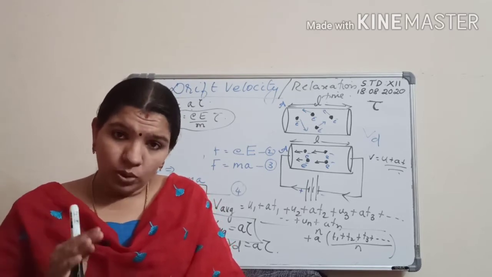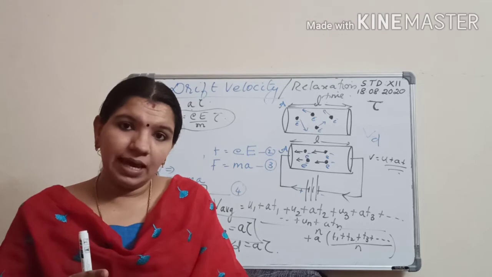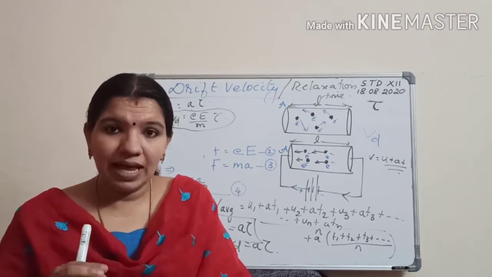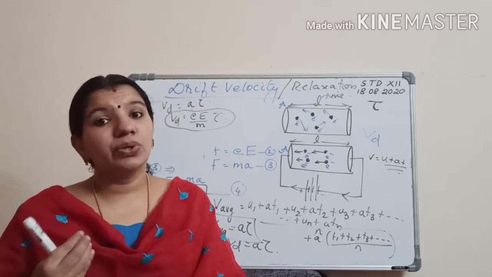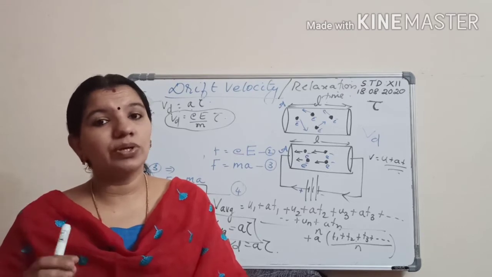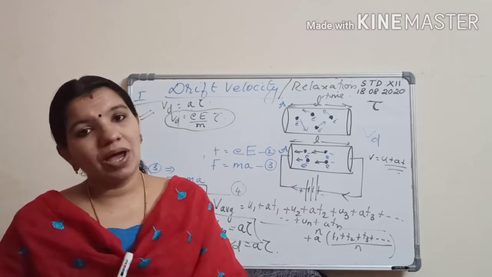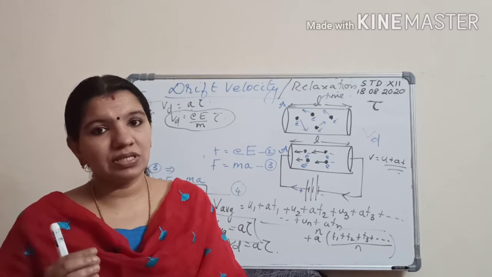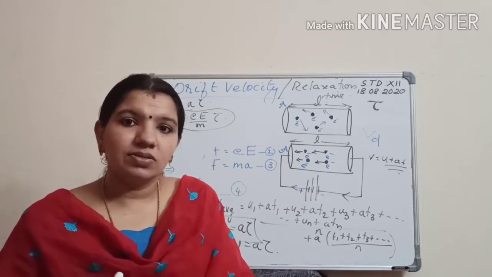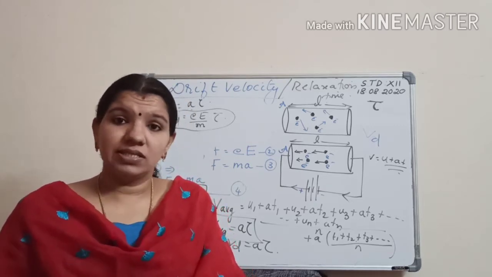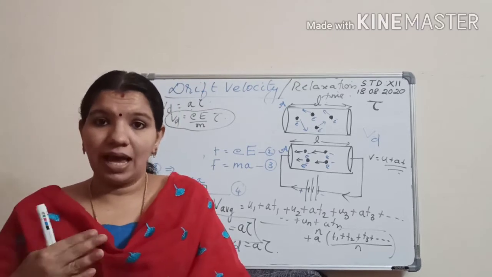Now, we told that we are applying a field there, and because of the field, what will happen? A force is exerted. So, you know the expression for force, F is equal to QE, isn't it? Instead of Q, I am writing e, no problem for that, because e is the charge of the electron, that's all. So F is equal to eE. You can take a negative sign also, since the direction is opposite.